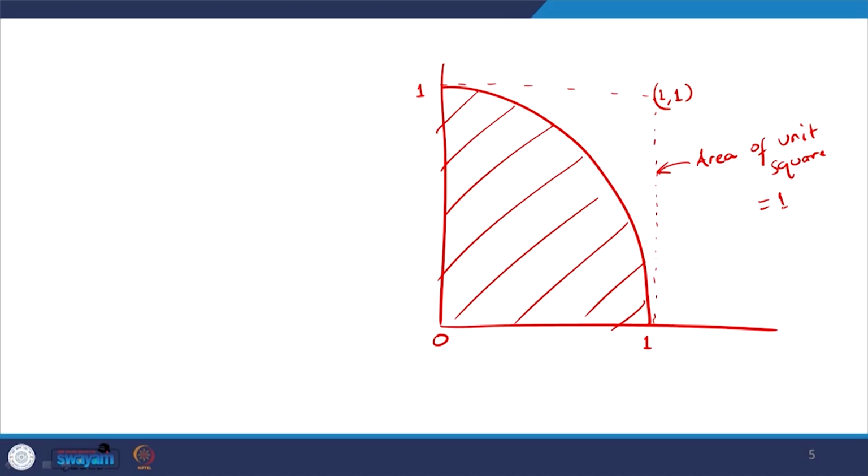Now, instead of trying to find the area under the curve using the trapezoidal rule or whatever, I do some kind of a numerical experiment, and the experiment goes like the following.